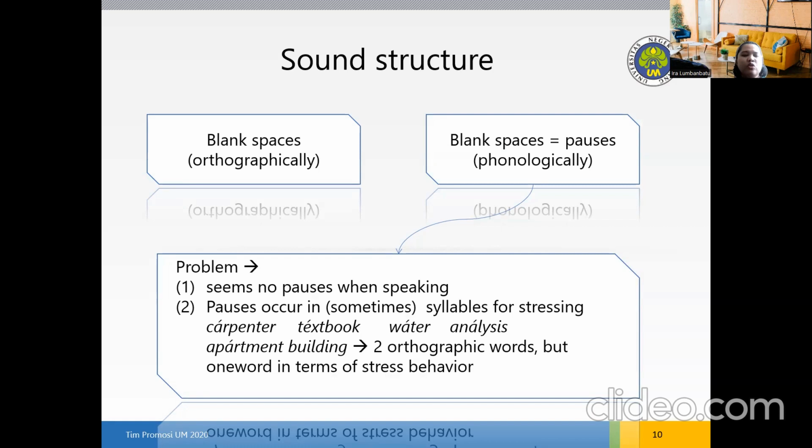We are trying to analyze the sounds based on the pauses provided, and pauses sometimes occur in syllables for stressing. If you still remember what you learned in Introduction to Linguistics, you learned about primary stress and secondary stress. So we are trying to analyze the sound structure based on the pauses of the spoken language.